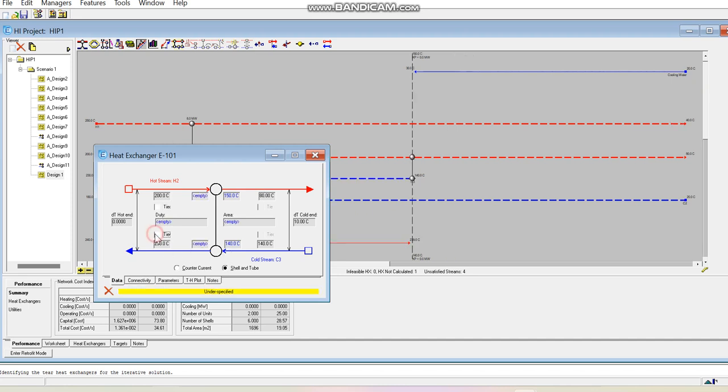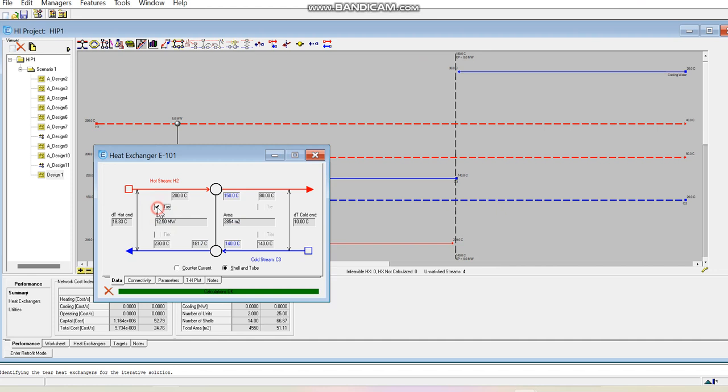So I will just uncheck this tied, and what we have to do is click on this tied. That means that if this enters at 200 degrees C and will leave at 150 degrees C, the temperature of the cool will rise from 140 to 181 degrees C, and 12.5 megawatt is transferred from this stream.